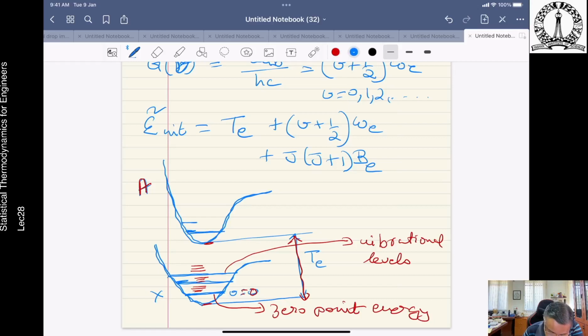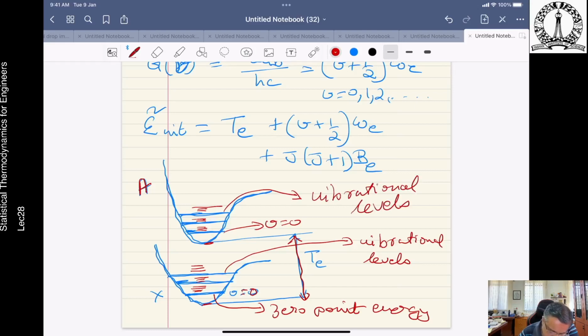Once again this is V equal to 0, so these are again the vibrational levels. And these that you see are the rotational levels.